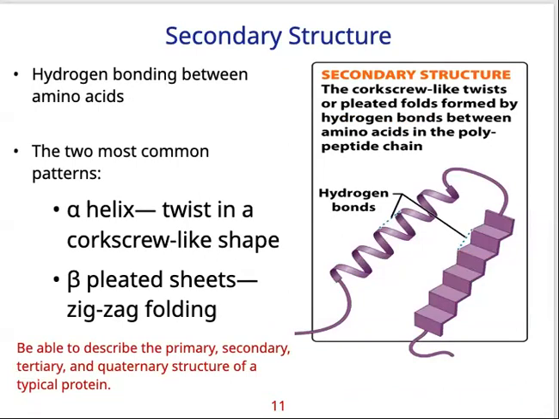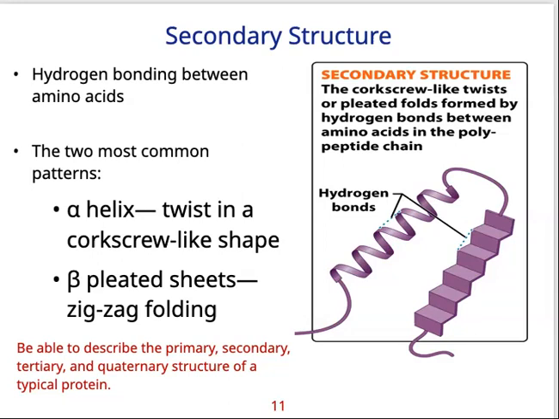Proteins don't normally exist as just simple linear chains of amino acids. Instead, they twist or bend upon themselves to form more complex secondary structures. The chain begins to fold as the side chains come together and hydrogen bonds form between various atoms within the chain.